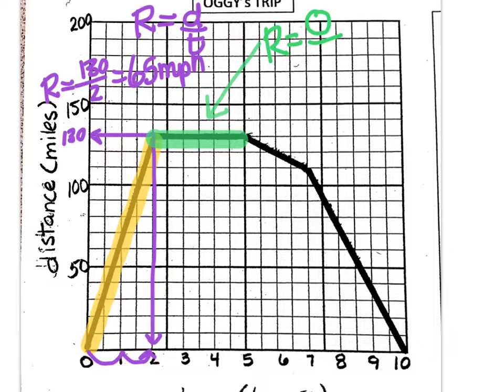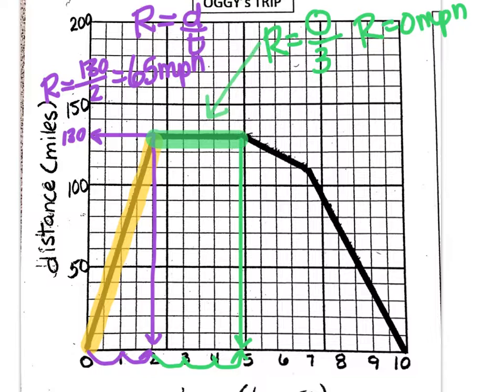And if we look at the bottom at our time, we take this all the way down, we can see that this time was spent 1, 2, 3 hours. And if we put 0 divided by 3 on our calculator, we would get r equals 0 miles per hour, which we already knew because we know when our graph is flat like that, that we're not going anywhere, that we're at a standstill. Okay?